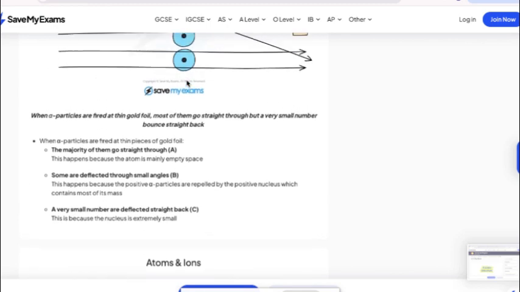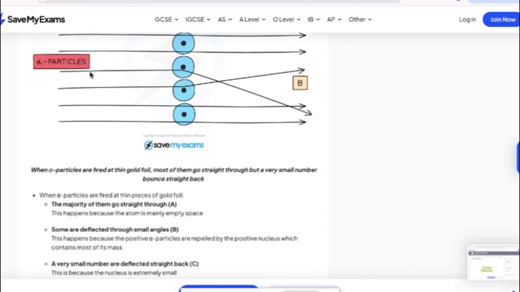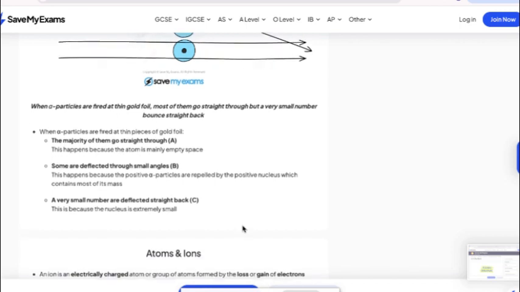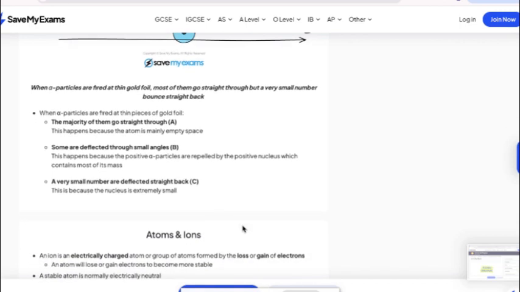The alpha particle you are firing is positive, and the nucleus is positive, so positive will repel positive because like charges repel each other. Those fired close to the nucleus of the atom will be repelled at a certain angle.